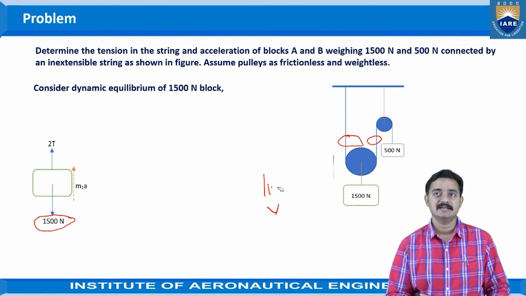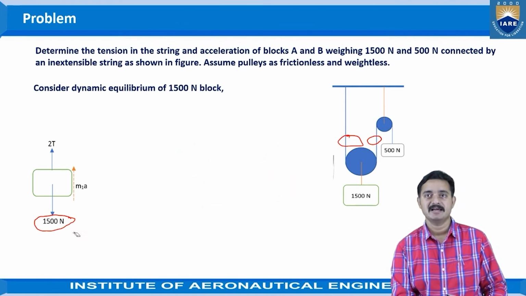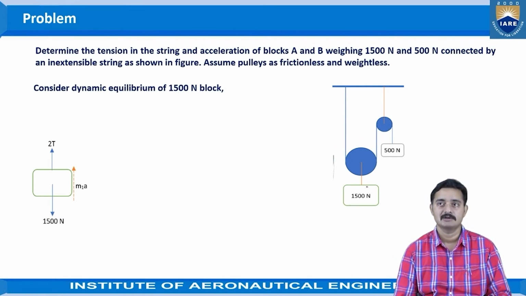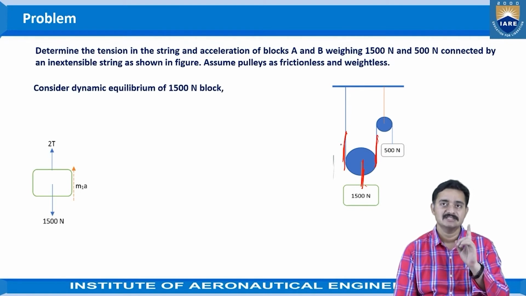You need to concentrate, not all situations will have the 2T value. Here, as per the given situation, this block is being acted on by two strings. It is being attached with two strings here. In other cases, the total two bodies are connected using a single string and the system will have the same tension.